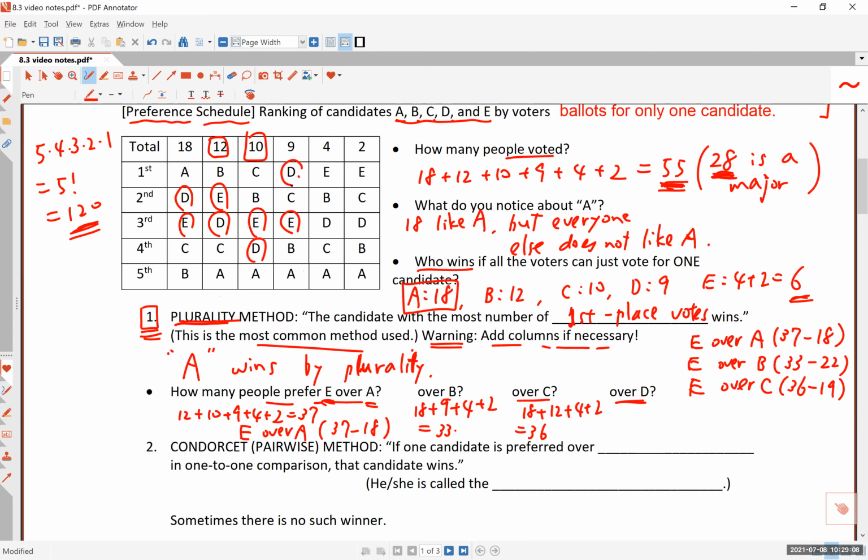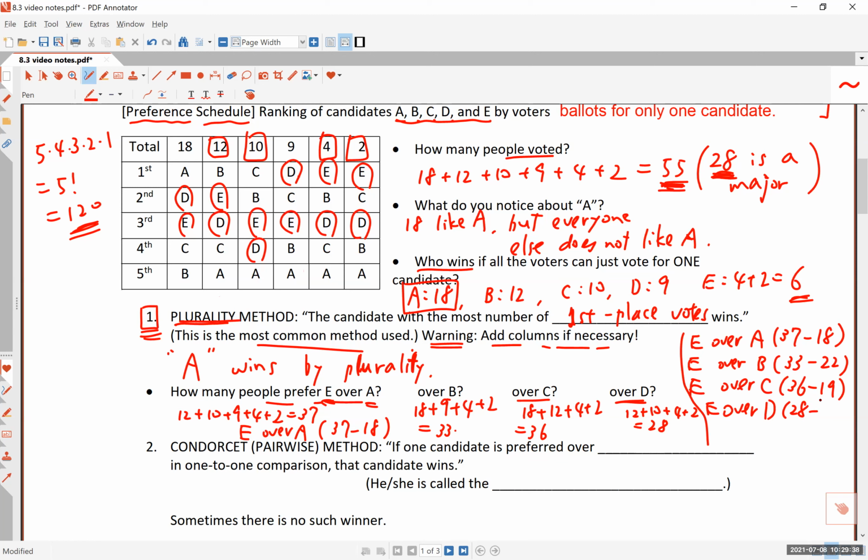D over E. E over D, E over D. Okay, so I have 4 columns where E beats D in the pairwise comparison. So this number here is 12 plus 10 plus 4 plus 2. That's 22 and 28. So it looks like E wins over D as well, this time by the quote unquote score of 28.